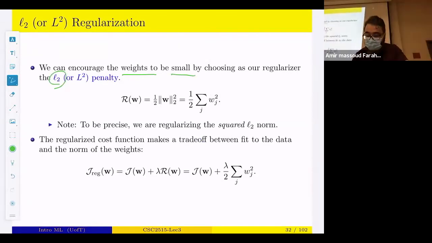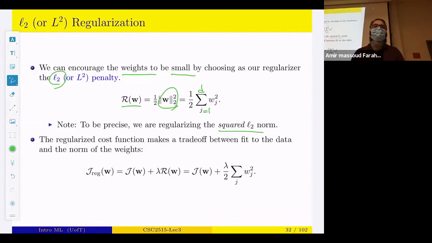So we say that our regularizer is a function of w, which is taking the L2 norm squared of weights, which can also be expanded as summation over all weights of w_j to the power of 2, where j runs over d dimensions, so it is a d-dimensional summation. So here we are penalizing the squared L2 norm.